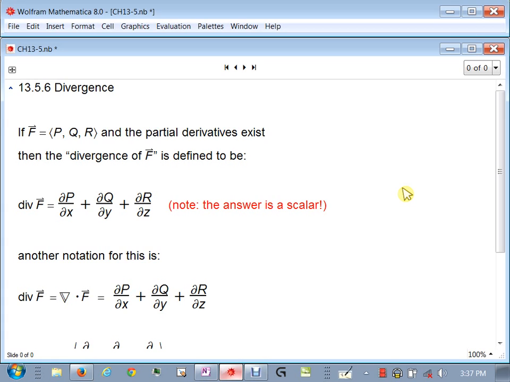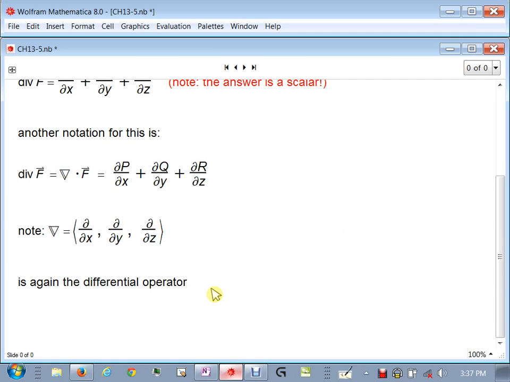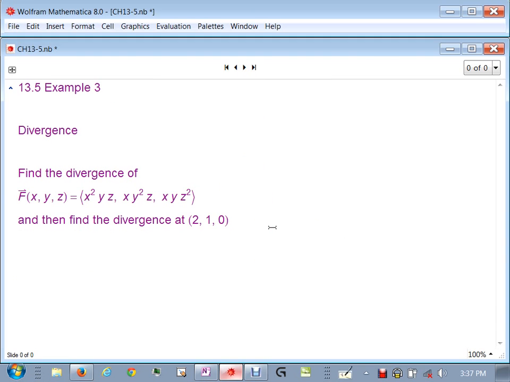Would you agree with that? Del dotted with F? Okay. All right, we won't even write this down. Let's just talk through it. What's the divergence of this thing?